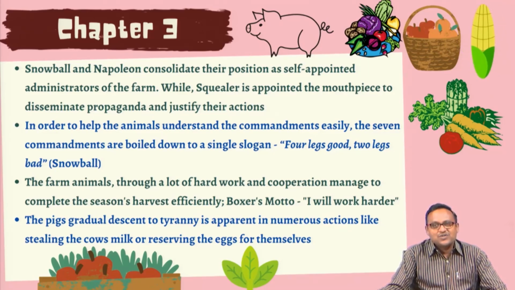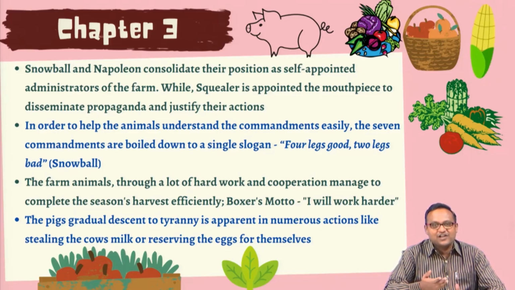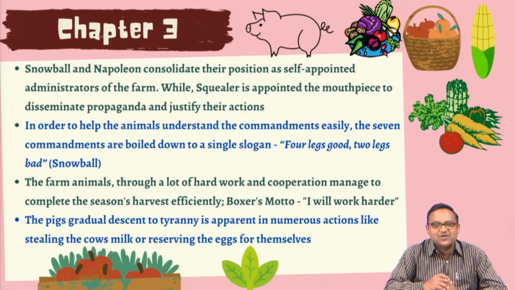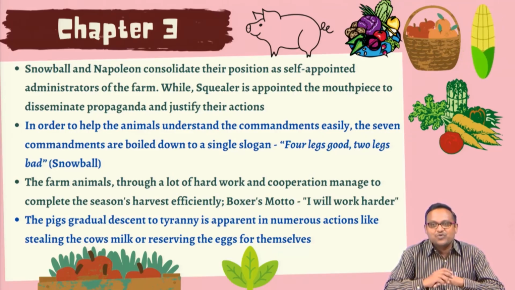So, now that pigs have assumed governance, the fall begins. In fact, the seeds of the fall of the pigs start from here, because now all the harvest is stored at one particular place, and the cow's milk and eggs are stored in one particular place.